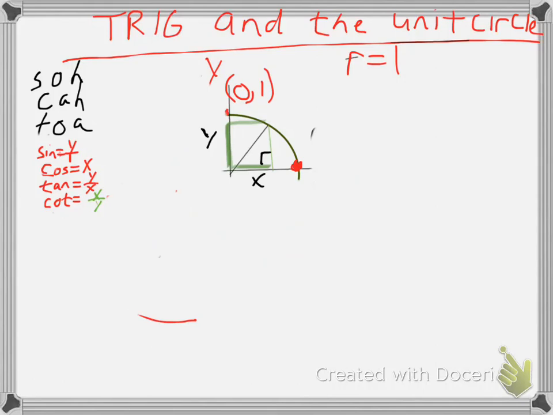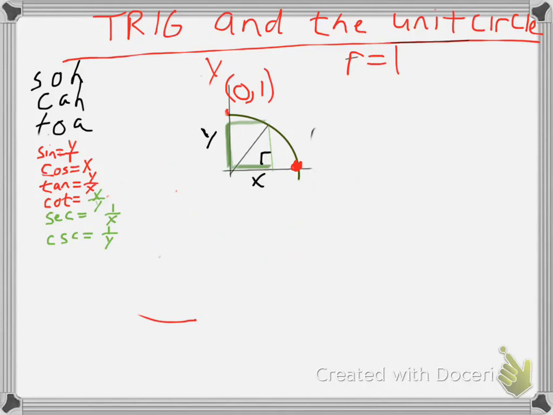And then the next identity we want to talk about is secant, and secant is simply 1 over x, or the reciprocal of cosine. And then finally, the cosecant of theta would be 1 over y.